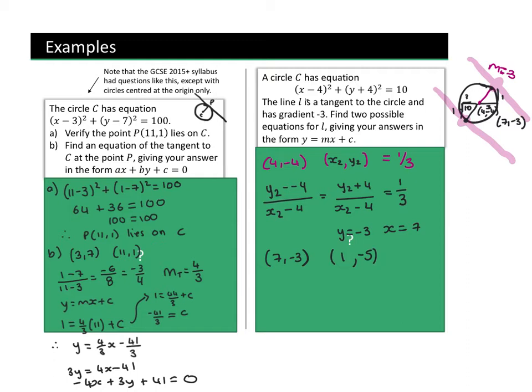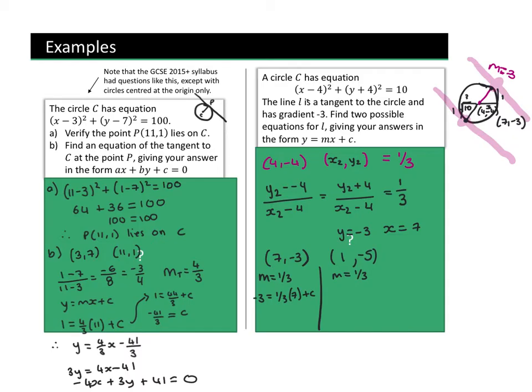And if we just carry on with this for a second, we've got our points, we know our gradient. So now I'm going to have two equations because I know the gradient of my tangent. I can substitute this in. So minus 3 equals a third lots of 7 plus c.